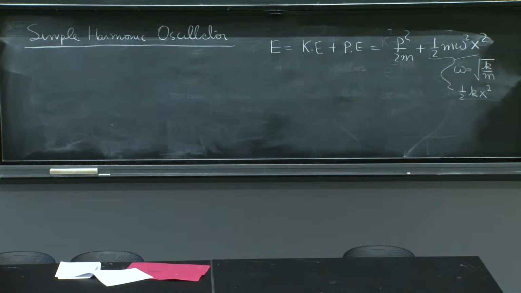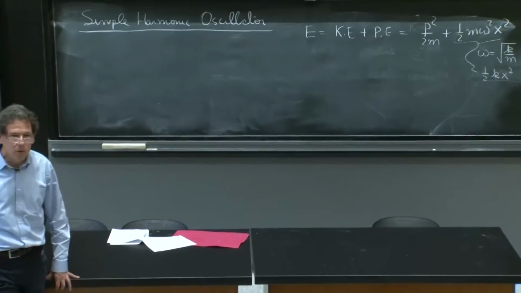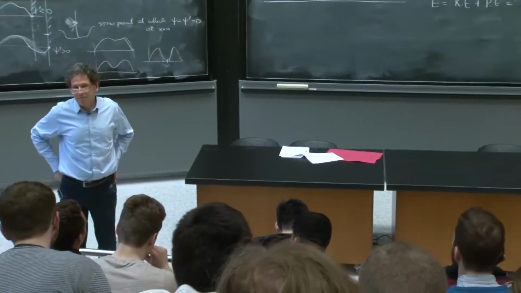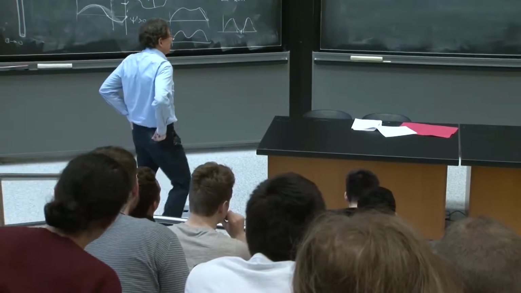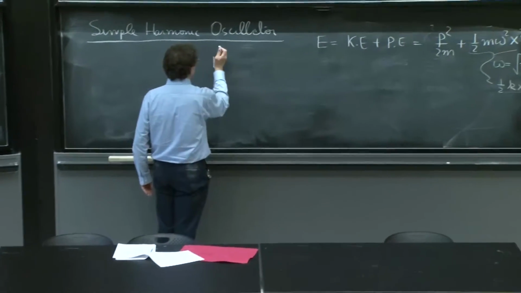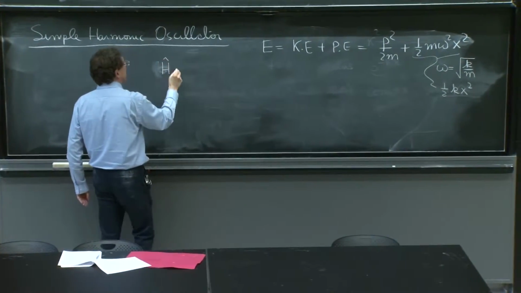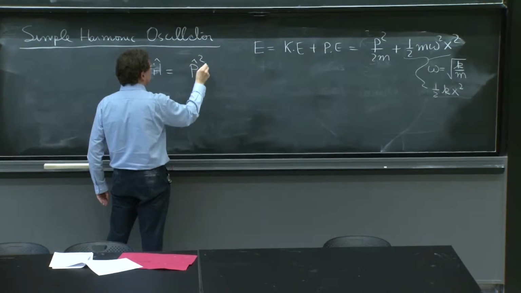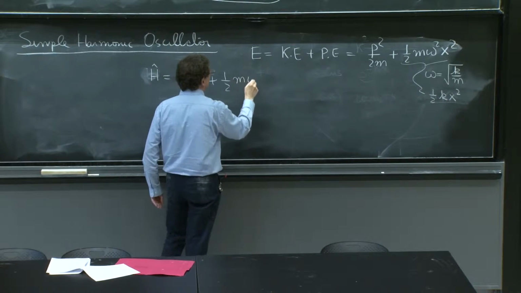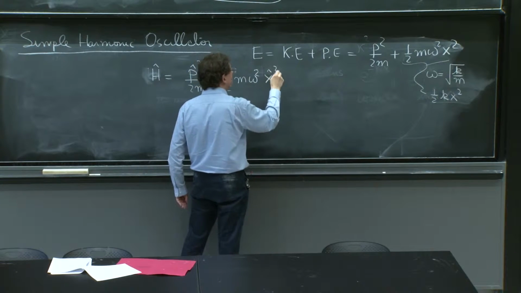So when physicists, starting with quantum mechanics in the 20s, decided let's do a quantum harmonic oscillator, they had to invent a Hamiltonian. And the Hamiltonian they invented was a simple one. They looked at that and said, H is going to be p hat squared over 2m plus 1/2 m omega squared x hat squared.